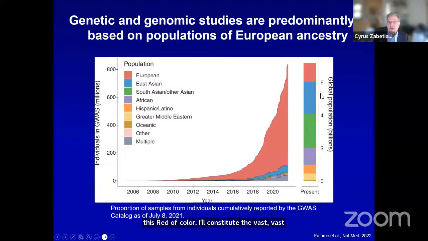Here, you can see the actual global representation. So not surprisingly, people of European origin are a modest chunk of the population globally, but they constitute the vast majority of patients in GWAS data. And that's problematic because the findings that we have in people of European origin, some of those are going to transfer to people of other ancestries, but some of them are not.